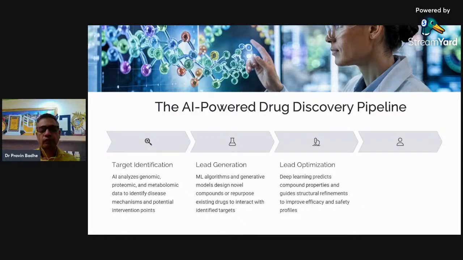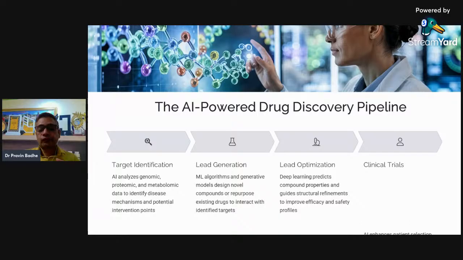We have developed some machine learning tools, which I am going to show you as well, where you can predict the properties of the compound. There are also some tools available in open source, which can help you get the compound properties, and they can also guide you to make structural changes which can increase the efficacy and also the safety profile. So that is important when we look at the lead optimization phase.